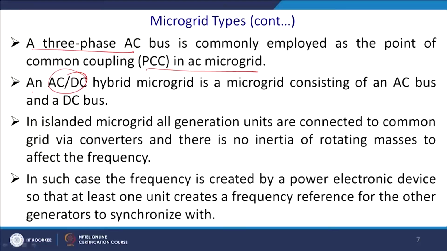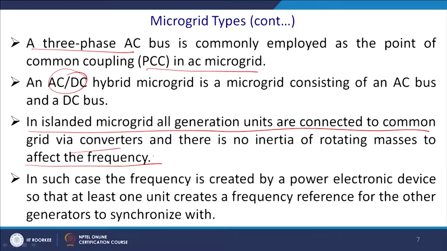An AC/DC hybrid microgrid is a microgrid consisting of an AC bus and a DC bus. In an islanding microgrid, all the generation units are connected to a common grid via converters, and there is no inertia of rotating masses to affect the frequency. This is one of the very big disadvantages.